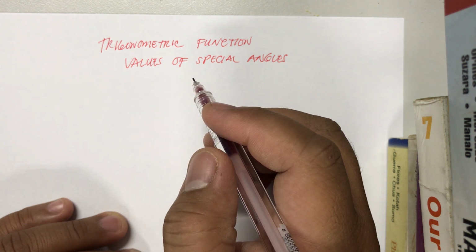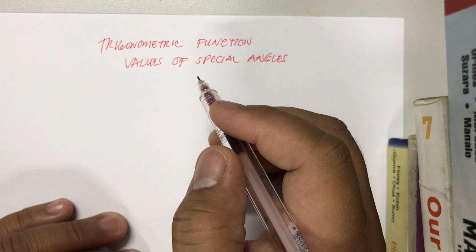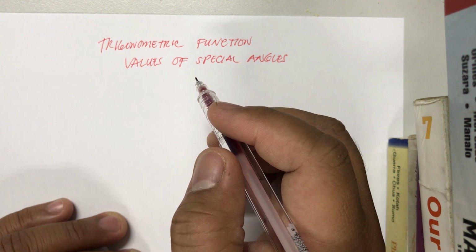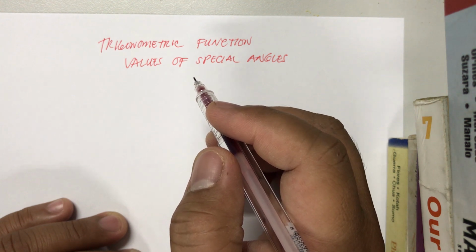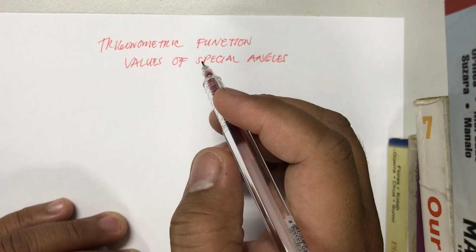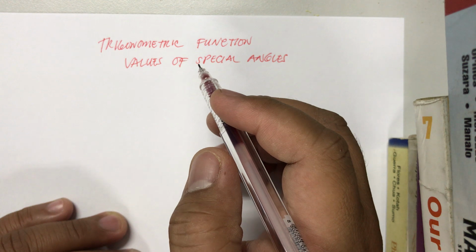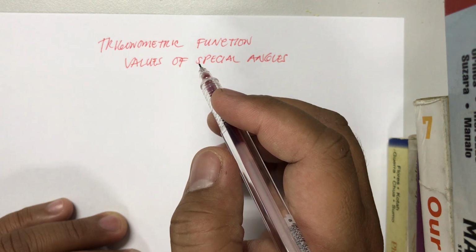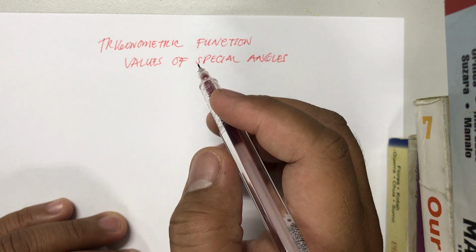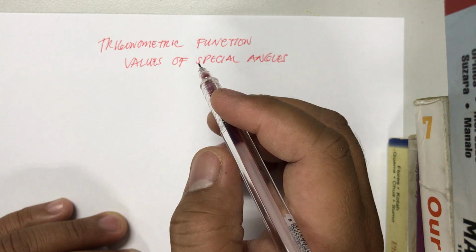the use of the calculator. That is what I would like to emphasize. Even if you do not use a scientific calculator, you may find the 6 trigonometric function values of these 3 special angles.